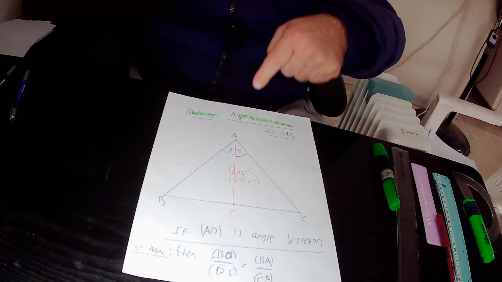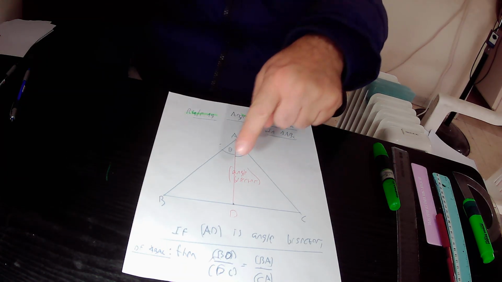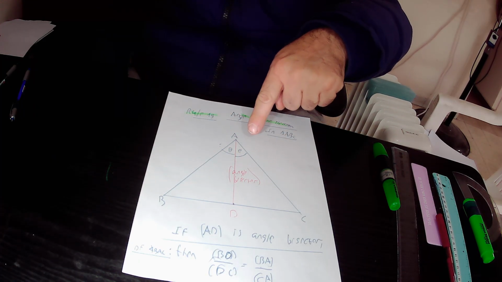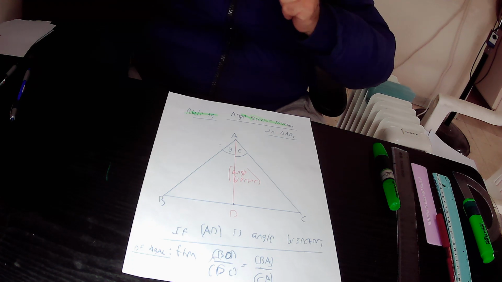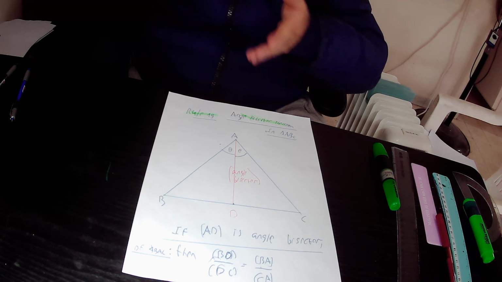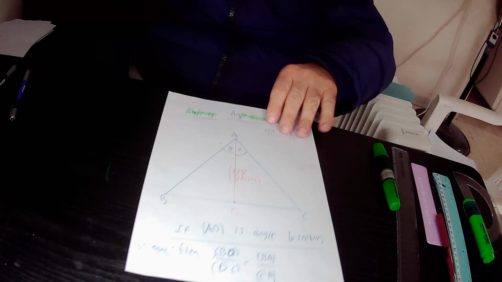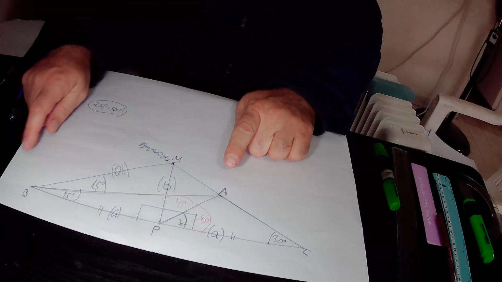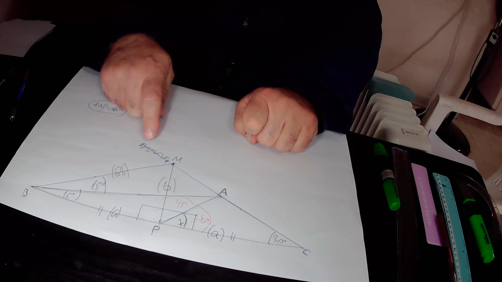What does it mean that AD is an angle bisector? It means it divides angle BAC into two halves, each half equal to theta. So we can implement the angle bisector theorem in our drawing. As I already mentioned before, AB is the angle bisector of this triangle MBC.